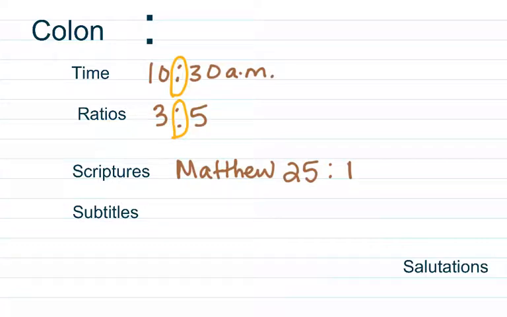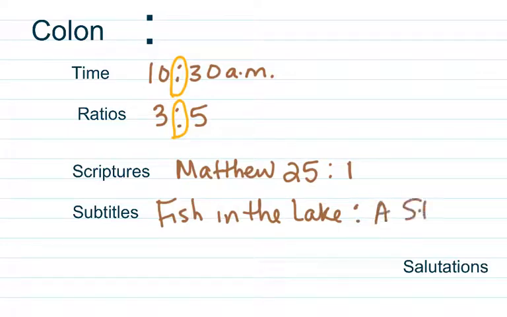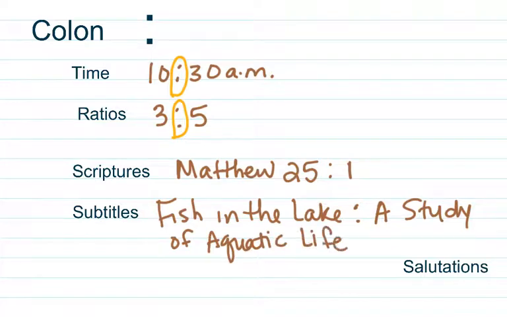So, for example, you might have something like Fish in the lake. I know, something I made up. A study of aquatic life. Okay, so we have that colon there.